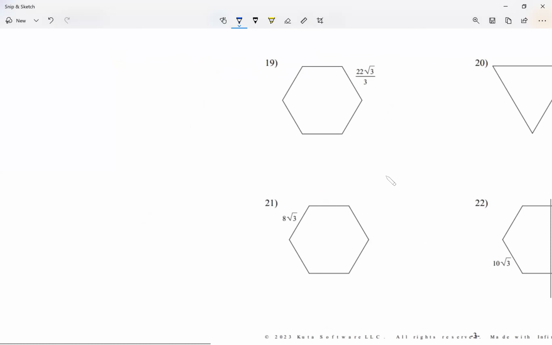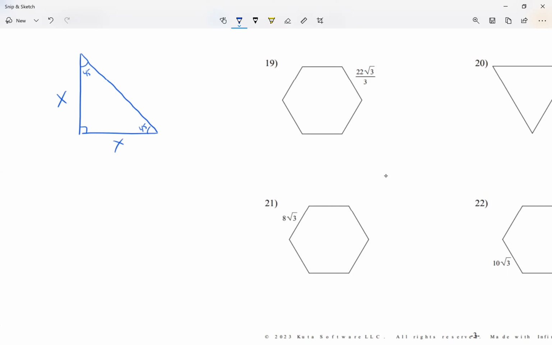Let me remind you guys of those figures. So we had a 45, 45, 90, and that is in reference to the angles. Now remember that the two sides that make the 90-degree corner were equal. So if this is X, then this is X, right? I'm using a letter, but it could be a number.